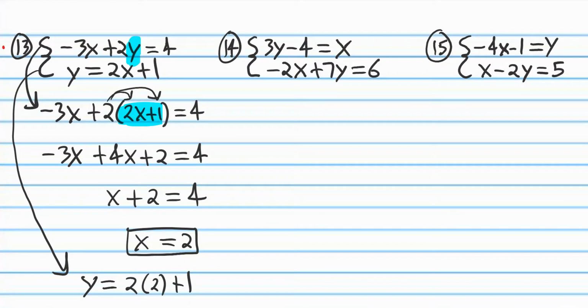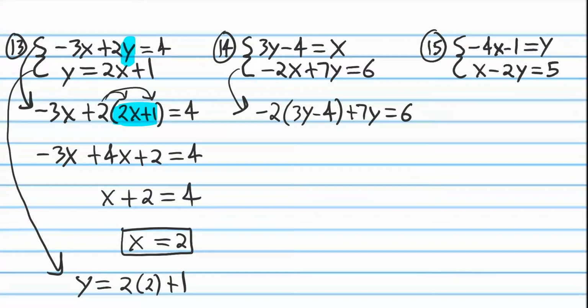All right, so this is the equation where a letter is by itself. So we're going to take the other equation, and we're going to rewrite that exact same equation, no difference whatsoever. But instead of x, we're going to write 3y minus 4. So again, I rewrote this equation.